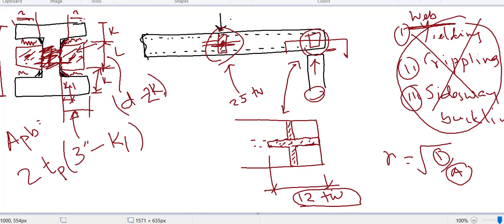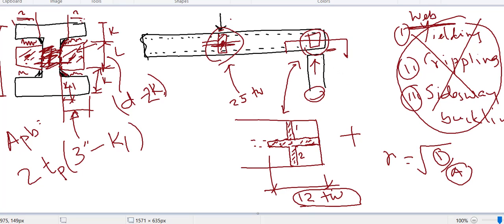That means if I insert two plates, one plate here, another plate here, and weld with the web, some part of the web will work as a column. That means some part of the web will contribute to the strength of this column. This is like an X-section column and it's long. The difference between here and here is just this 12.